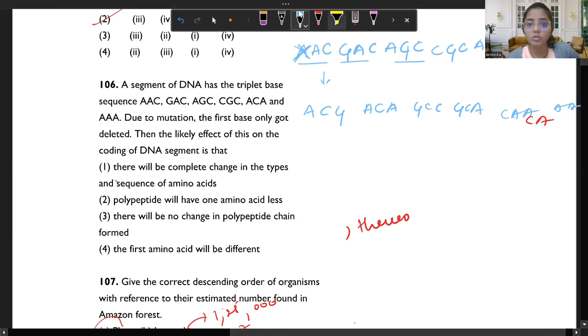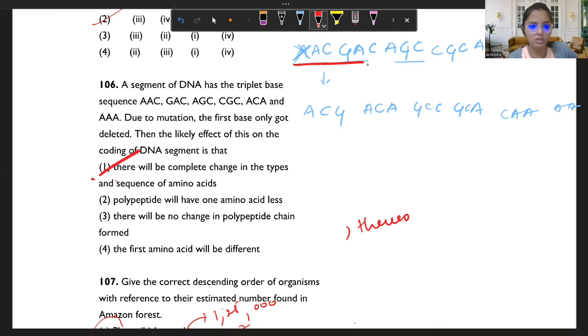The sequence would be like this, right? So the amino acids formed according to this sequence would be totally different from what would have been formed in the original sequence. So this is correct. This is the effect that will happen.